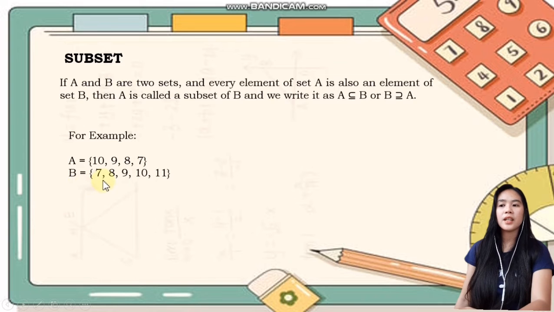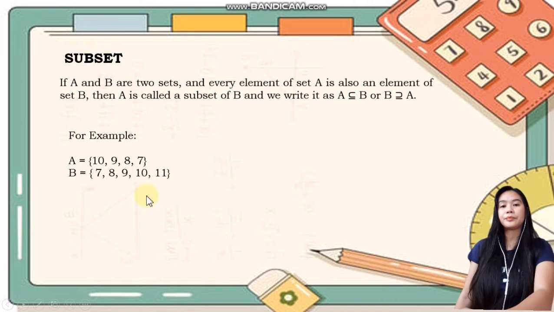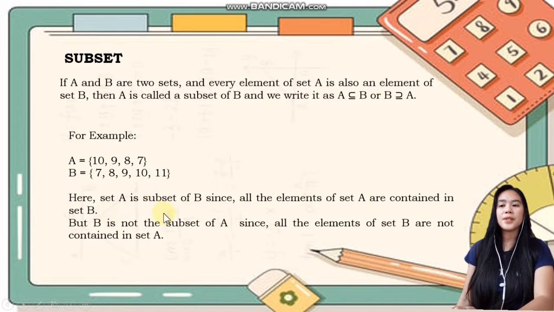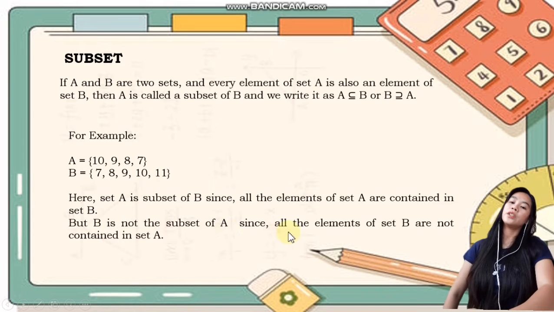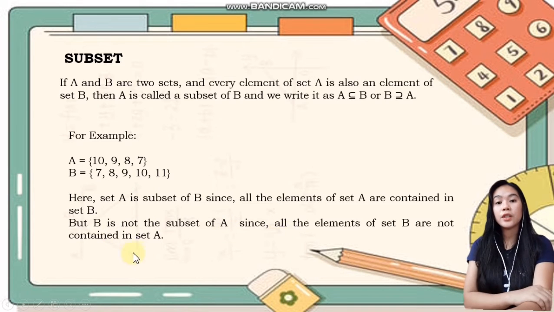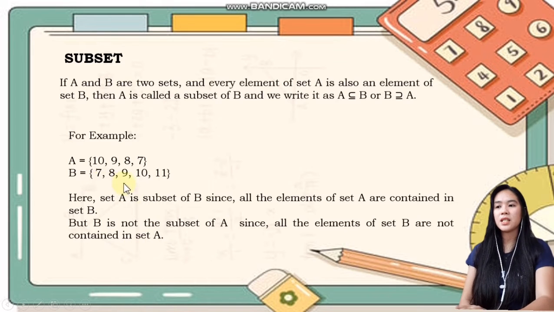B is equals to 7, 8, 9, 10, 11. Here, set A is a subset of B, since all the elements of set A are contained in set B. Mapapansin natin na lahat ng elements ng set A ay nasa set B. But B is not a subset of A since not all the elements of set B are contained in set A. Mapapansin natin na may isang element na hindi kasama sa set A. So, masasabi natin na B is not a subset of set A.